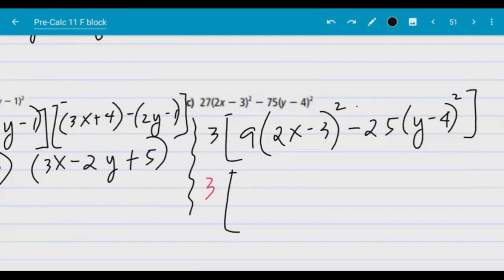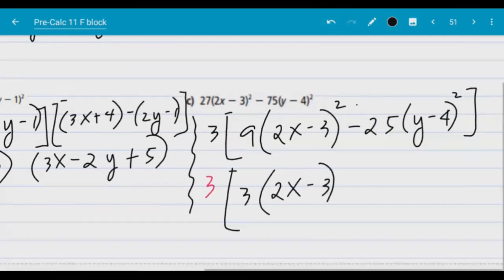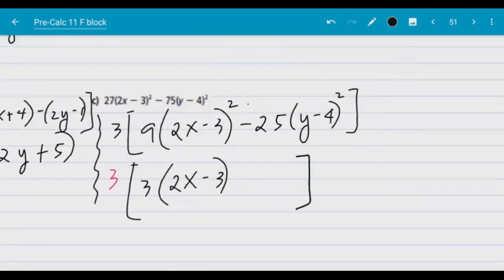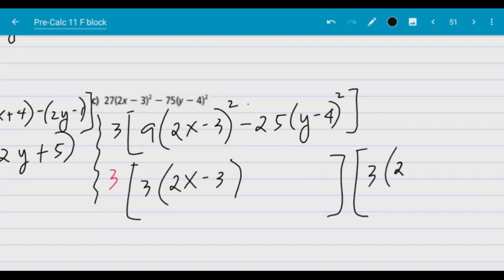How do we factor this expression? Okay. It would be 3 times 2x minus 3. And then we are also going to have another 3 times 2x minus 3. How do we factor this?